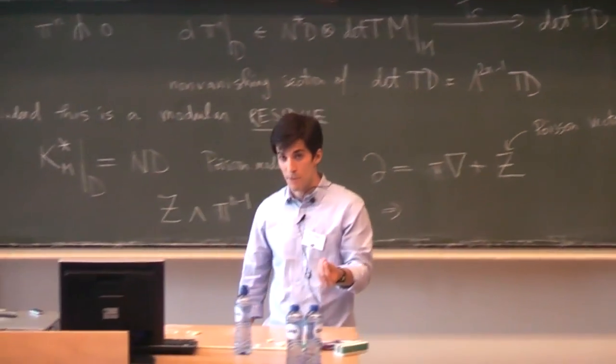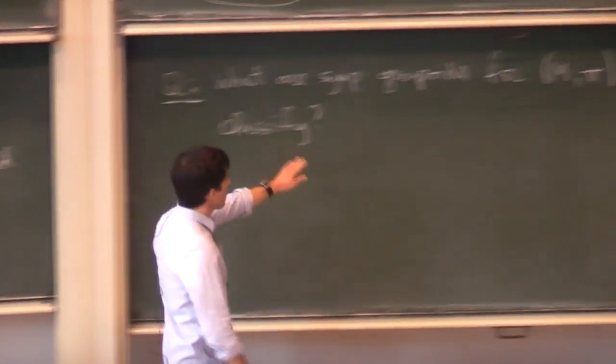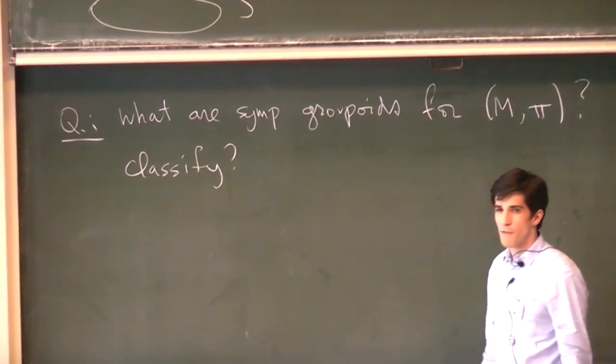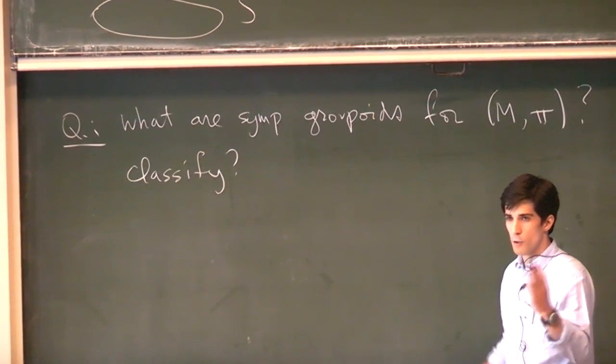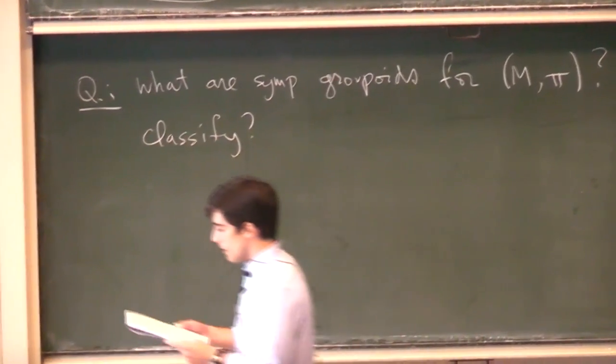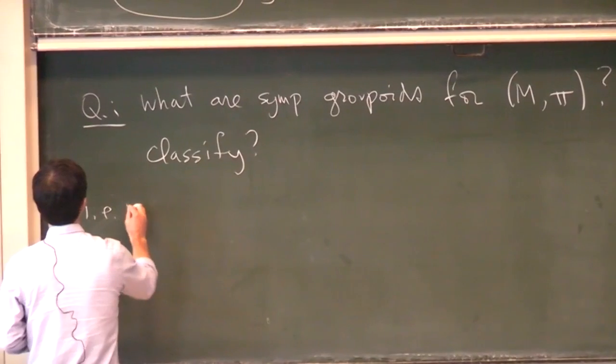I would like to actually study their symplectic geometry, right? This was the motivation behind this question. It's not enough for me to know that they exist. I would like to know which symplectic manifolds they are, how to construct them, how to chop them up into pieces, etc. So let me just make this a little bit more precise.